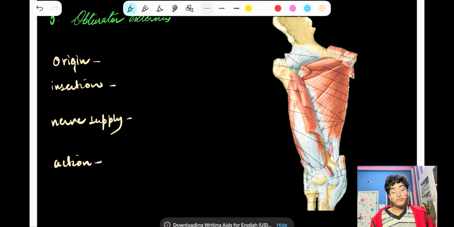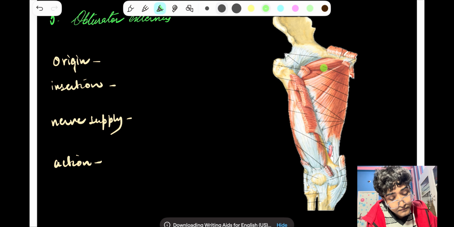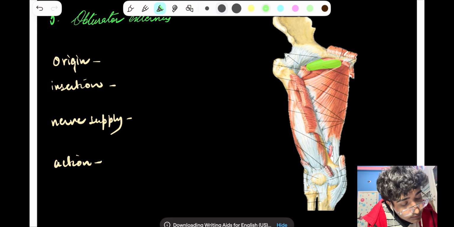Our next muscle is obturator externus. This muscle is the obturator externus muscle.